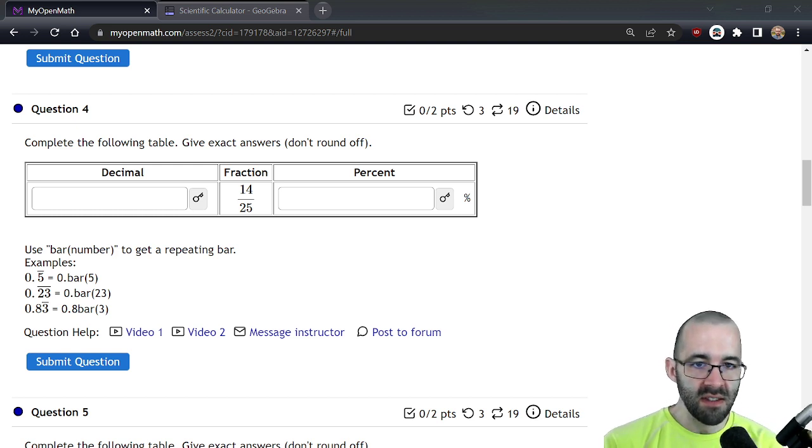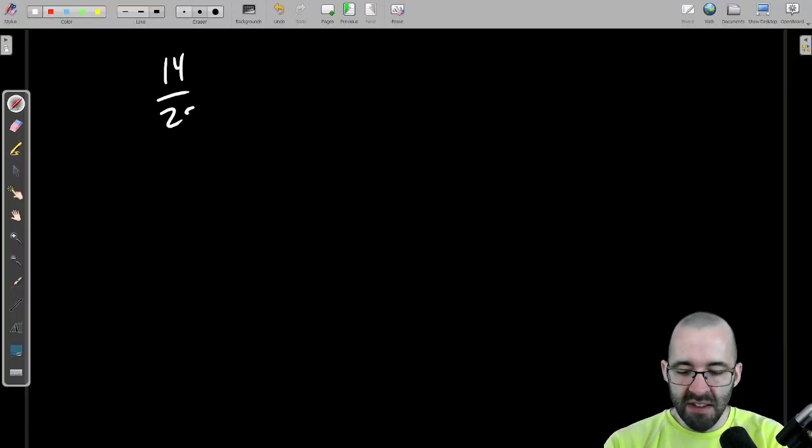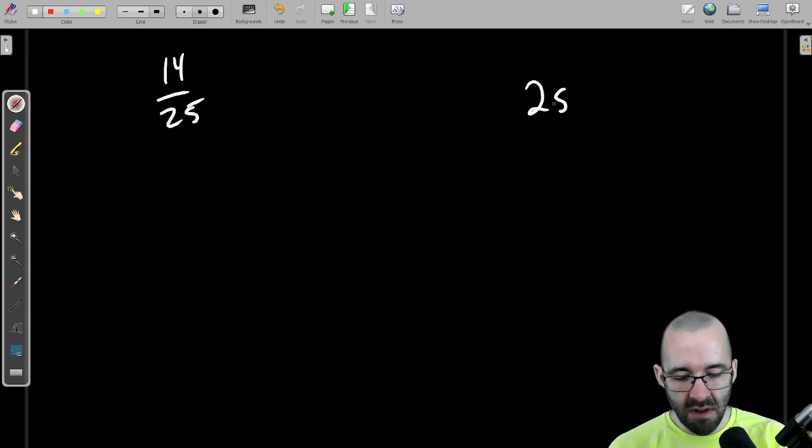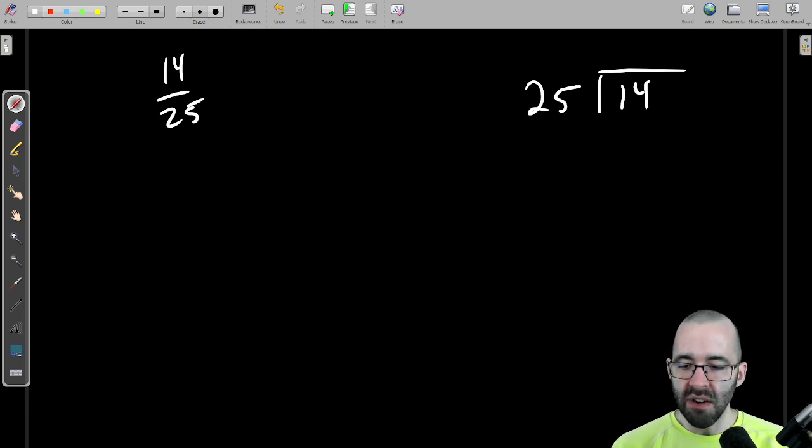Complete the table, give it exact answers, and you can use the bar notation to get the bar here. So we have 14 out of 25 as a fraction. How do we write this as a decimal, and how do we write it as a percent? You can just divide it out either by hand with long division, 25 going into 14, or you can use a calculator.